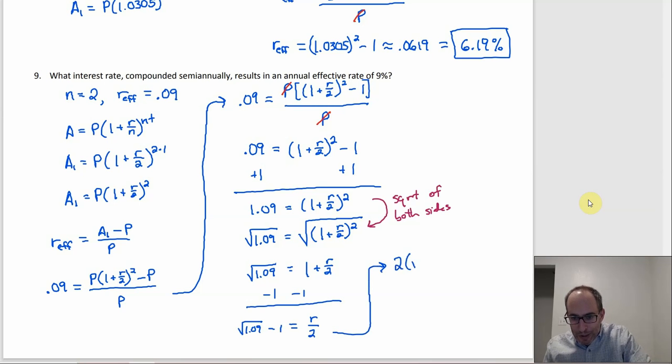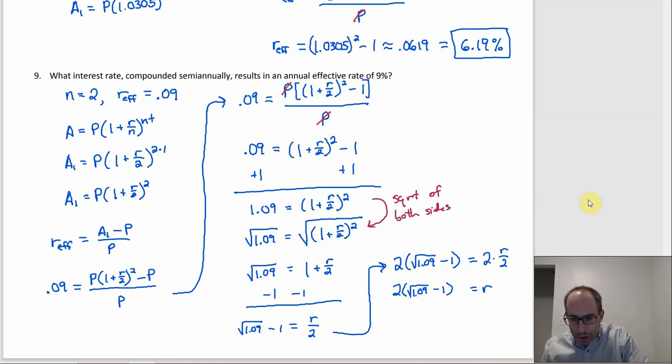So 2 times the square root of 1.09 minus 1 is equal, well, it's equal to R, right? Because it's going to be equal to 2 times R over 2, but that's just R, right? So R is going to be 2 times square root of 1.09 minus 1.